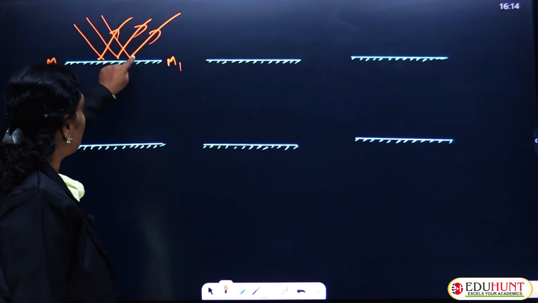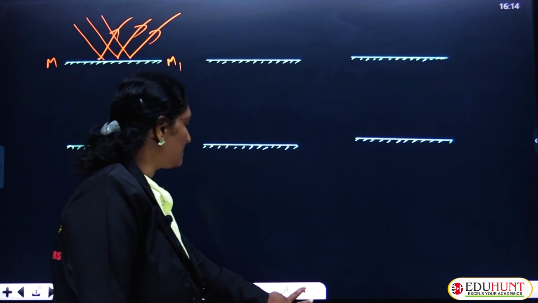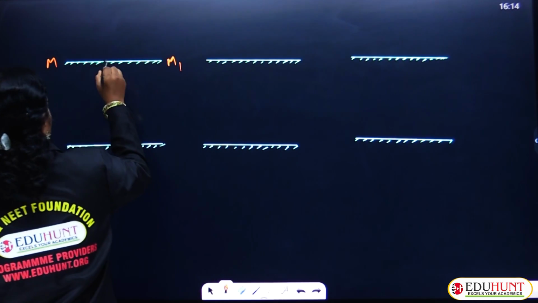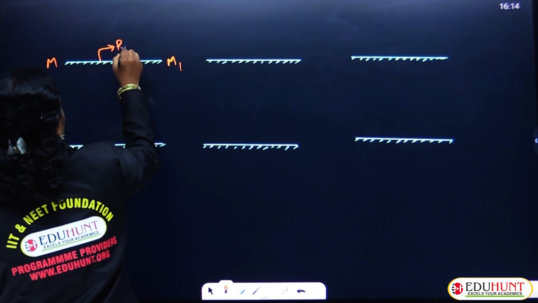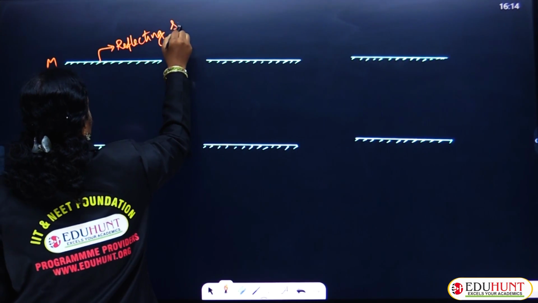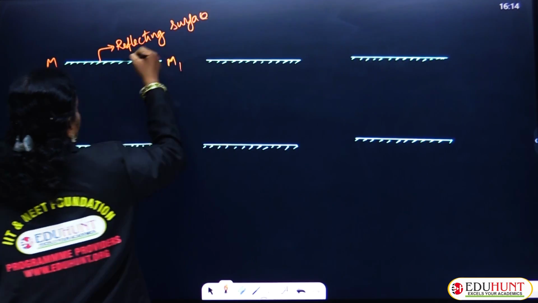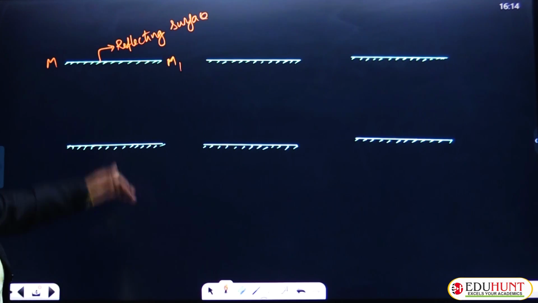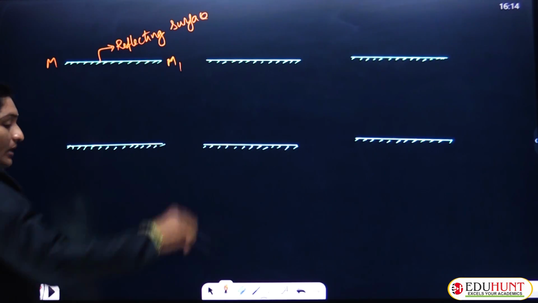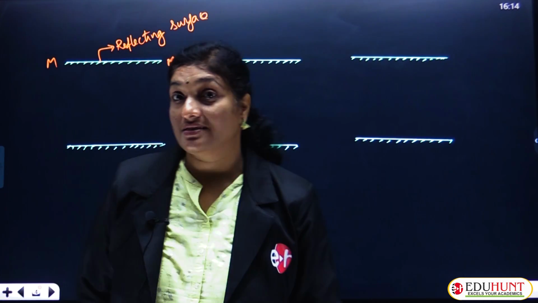Hence this portion is called the smooth surface or reflecting surface. Whereas the bottom one is coated with silver, called the silver lining.